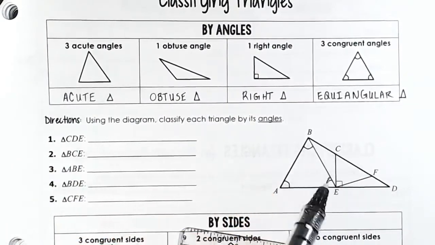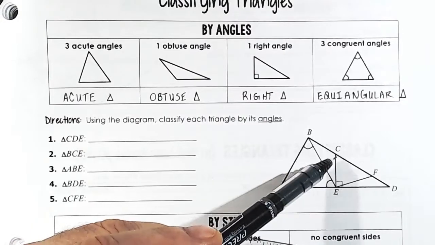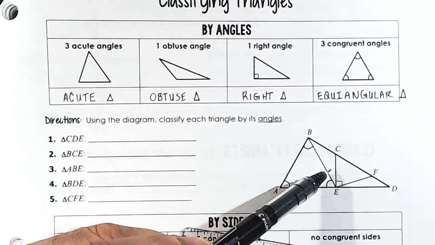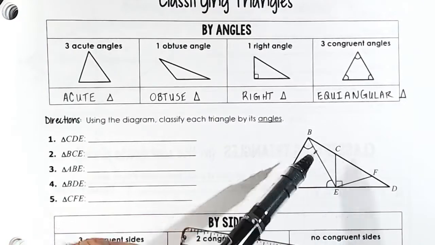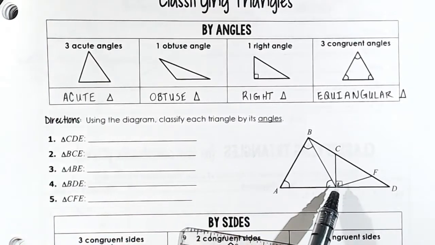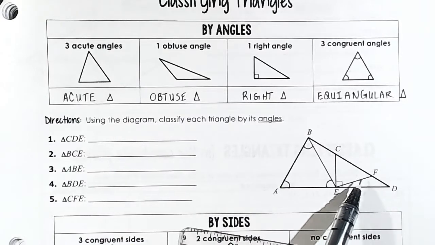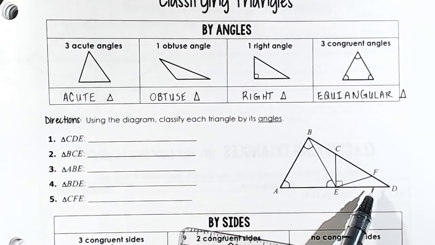This triangle right here appears to be an obtuse triangle. Here I see a triangle that appears to be acute, and here's another triangle that appears to be obtuse. So let's see if we were right.